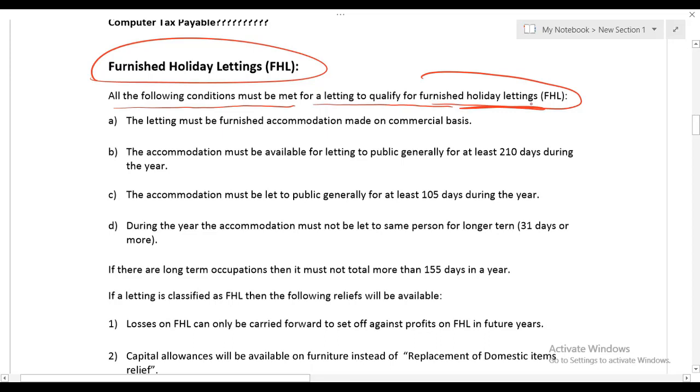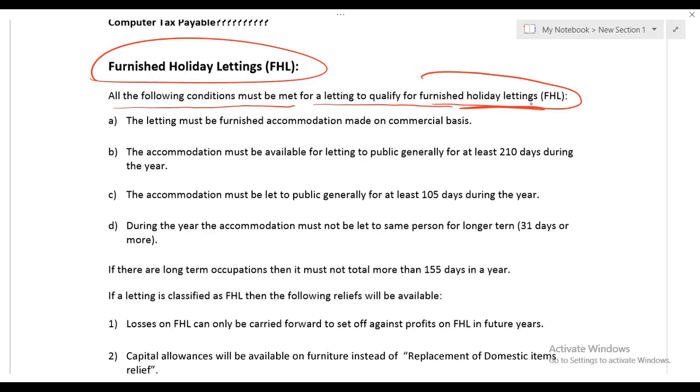So, it must be at a tourist spot. According to my little information, Scotland is very, very beautiful. If someone has a property in Scotland and gives that property on rent, we say you are giving a furnished holiday letting on rent.